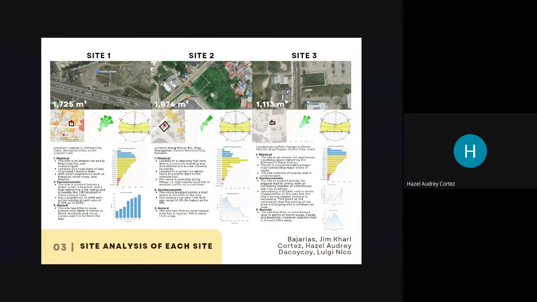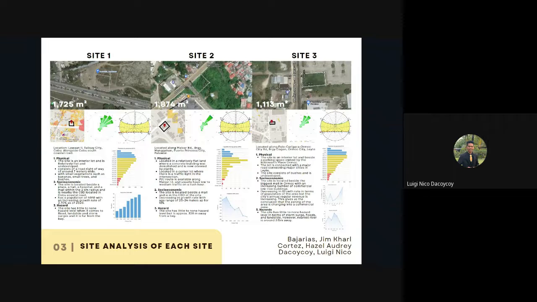For socioeconomic, it is located beside a mall and is in a CBD. The barangay population growth rate is decreasing, with the age range of 20 to 24 making up 80% of the barangay population. According to Project NOAH, the site has little to no hazard level on storm surge, landslide, and floods.